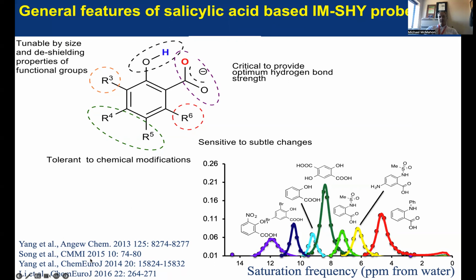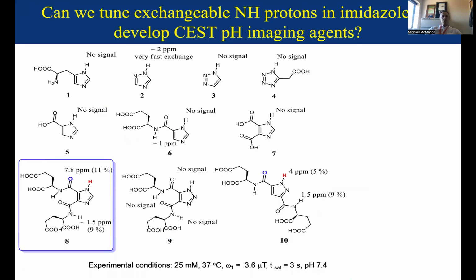And so we've published a series of articles to describe how these phenol and anthranilate groups are really strong performing CEST agents at field strengths down to 3T. We also looked at imidazoles because it's another type of ring proton with a lot of electron density on the ring.